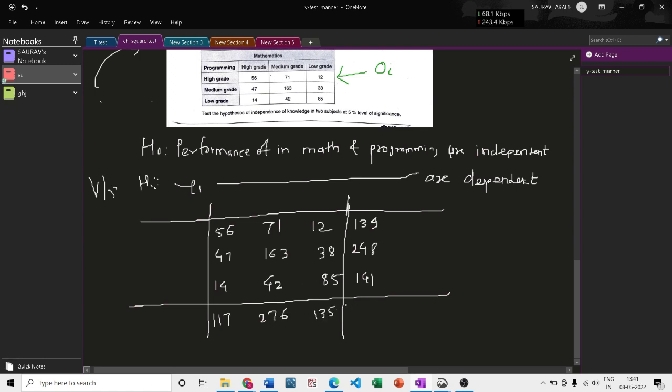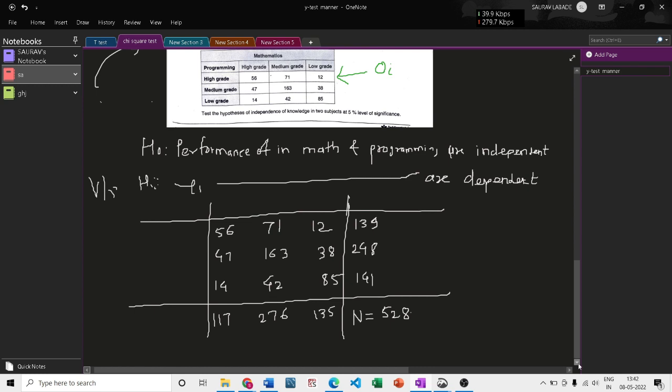The total sum of the frequencies, capital N, is equal to 528. So I am just finding the sums row-wise and column-wise.